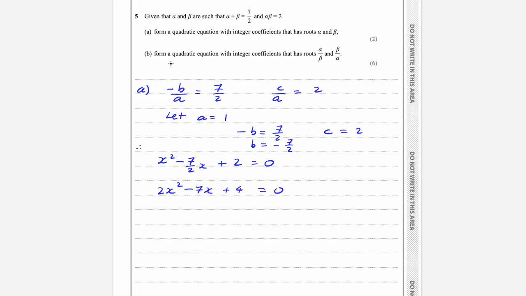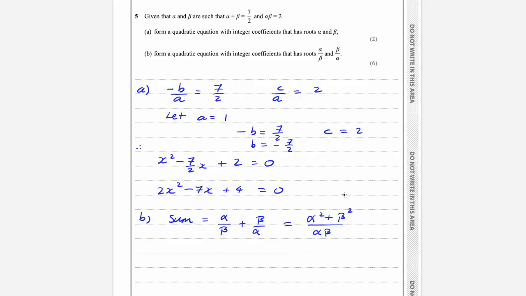Okay, form a quadratic equation with integer coefficients that has roots alpha over beta and beta over alpha. Okay, so now the sum is equal to alpha over beta plus beta over alpha. And with a common denominator, this is alpha squared plus beta squared, over alpha beta.